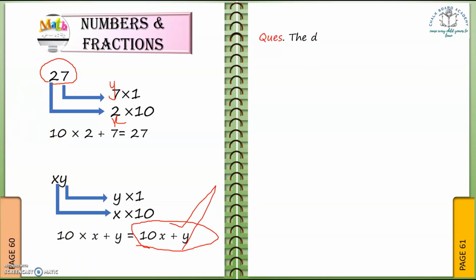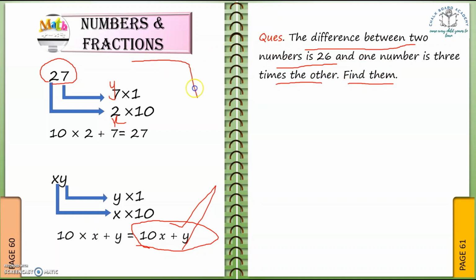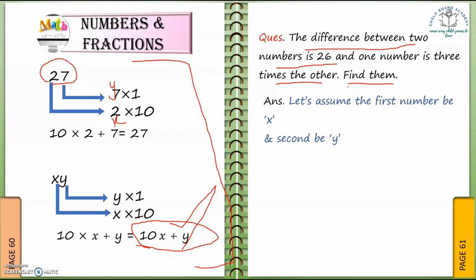Now we have a question here. In this question the difference between two numbers is 26 and one number is 3 times the other, find them. So this is a very easy question here. We don't need to do this part. We are simply given two numbers, let's assume x and y, and the difference between these two numbers is 26, that is x minus y is 26, and one number is thrice the other, so x is equal to 3y.